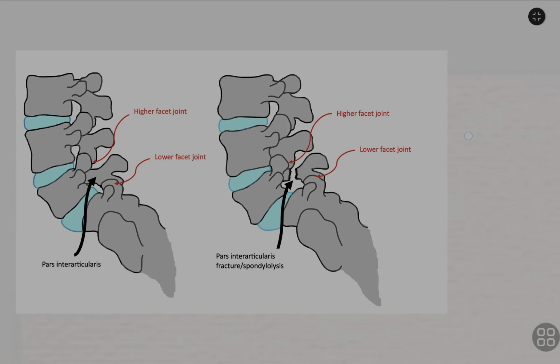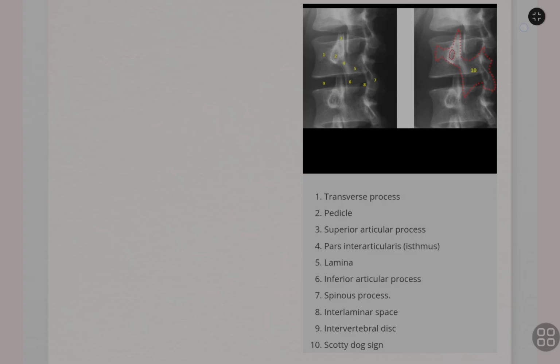There's another diagram explaining the structure of the pars interarticularis. If you read about it in detail in a textbook, this is represented on X-ray by a Scottish dog appearance. Normally on a normal lumbar vertebra, a Scottish dog appearance is seen. This image is taken from the Radiopaedia site; you can go and refer to it.